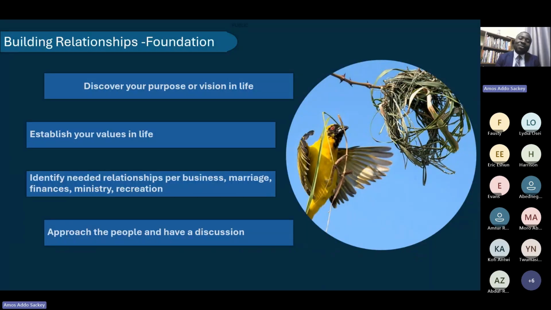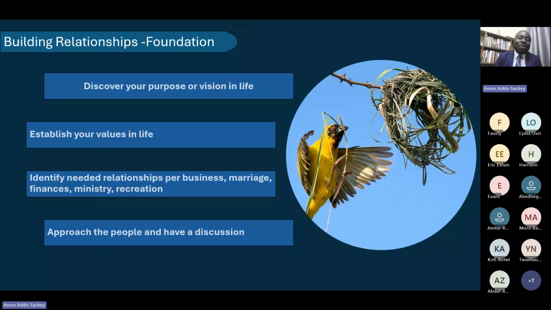Your business very soon is going to collapse, or the relationship is going to turn into something very bad, that the person may even want to get rid of you because they have invested and they think that you are the one now blocking their prosperity. But if you had established or insisted on your values from the beginning, you will know that this kind of person, I cannot do anything long term with the person.